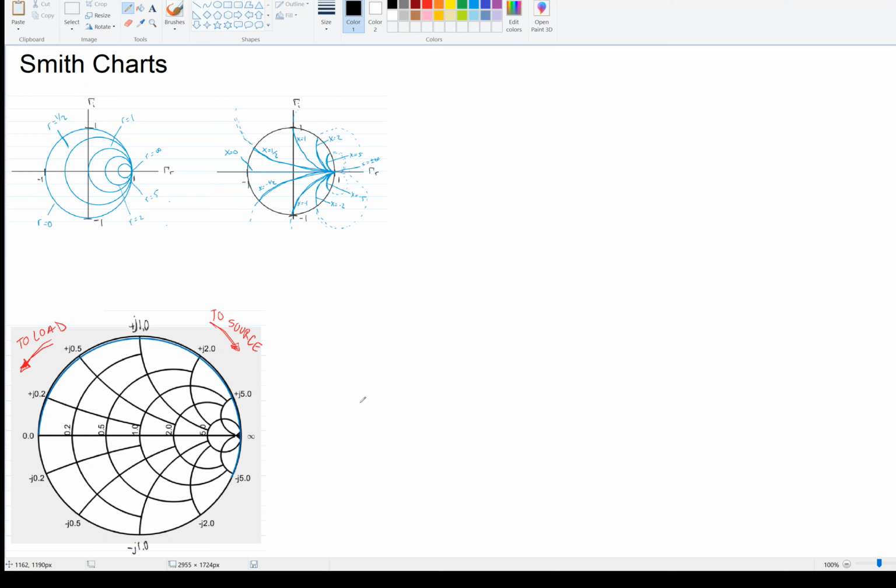So Smith charts are graphical representations of transmission line quantities such as the reflection coefficient, the input resistance, and the VSWR. So these are three things that you can determine from a Smith chart. And in the old days of slide rules and abacus, the Smith charts provided a means to calculate these quantities.